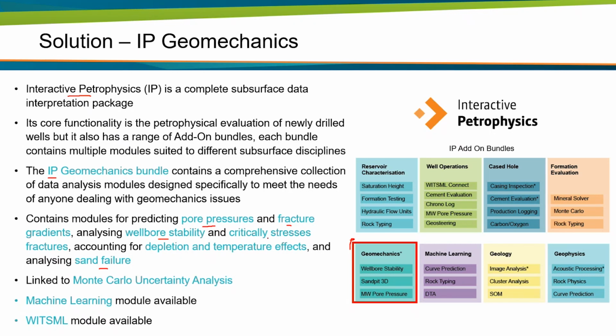It also lets you calculate stresses on fractures, and you can take things like depletion and temperature effects into account. There is also the option to do Monte Carlo uncertainty analysis to properly capture your uncertainty. There is also machine learning, or artificial intelligence, which you can apply to the geomechanics. And last but not least, there is also a WITSML module available to load data in real time.